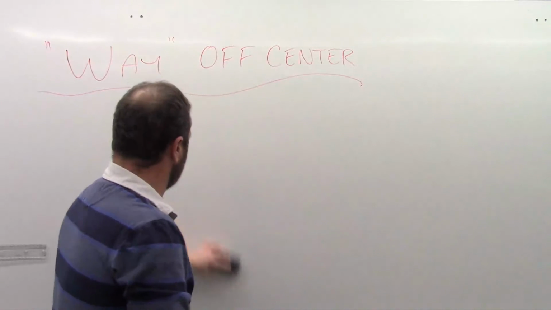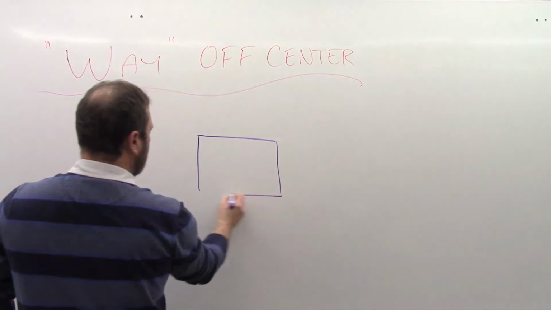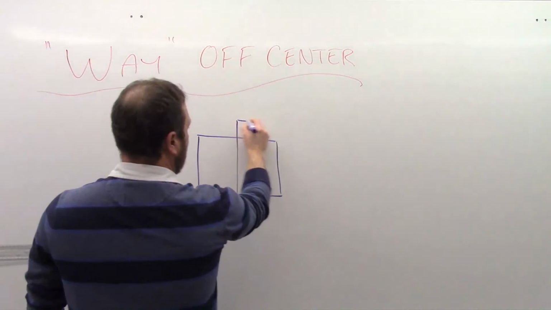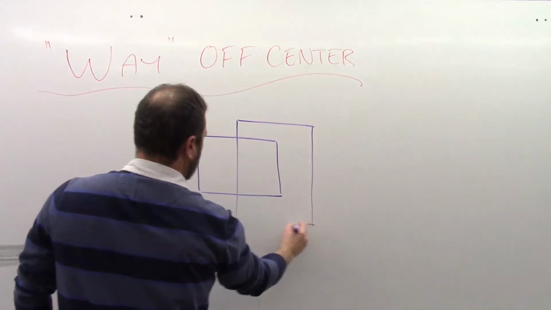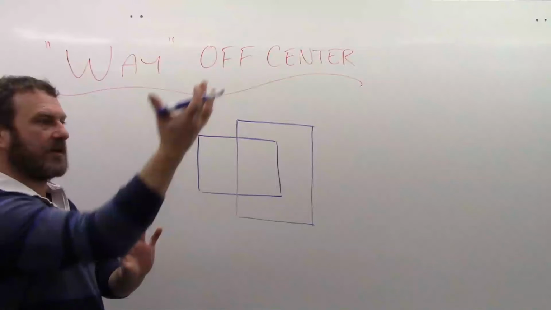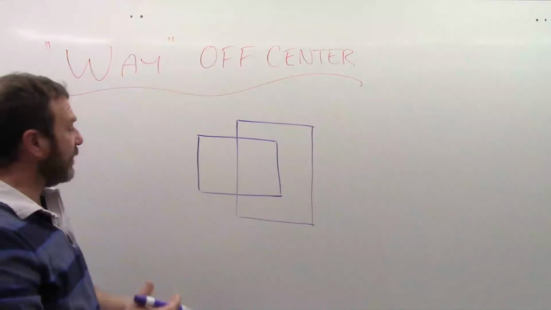We can take maybe a square this way, and maybe we want to do a twisted fitting. We're going to twist one out that way, but instead of just joining those corners, maybe it's got a corkscrew kind of effect to it. We can do that as well.